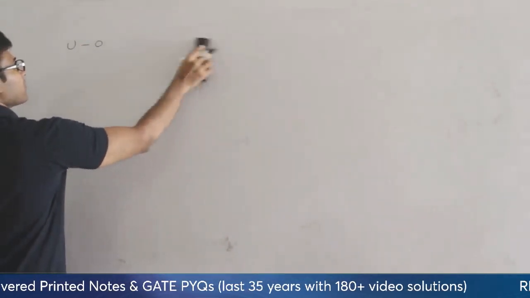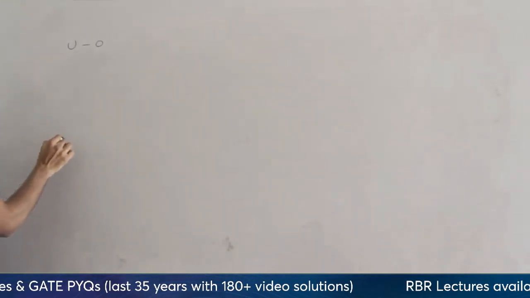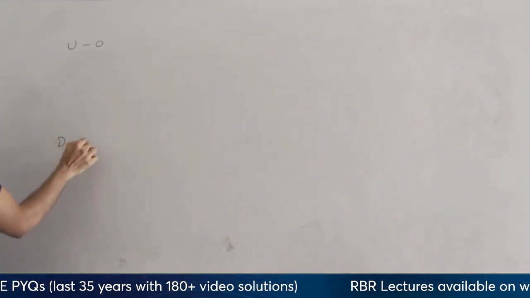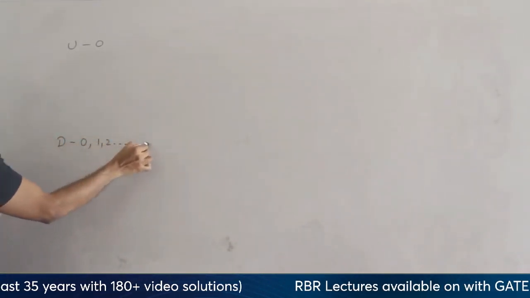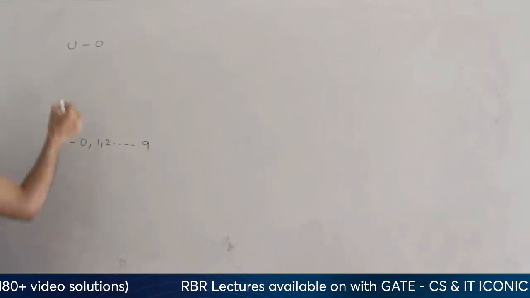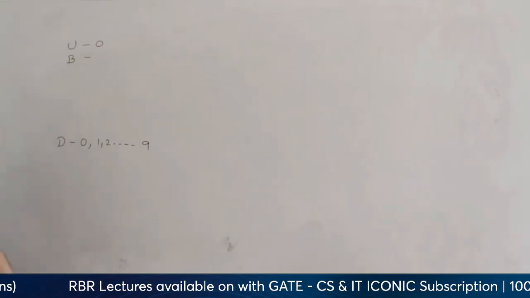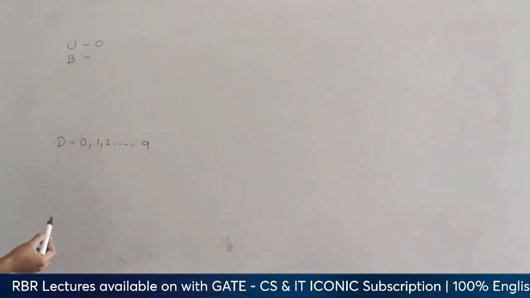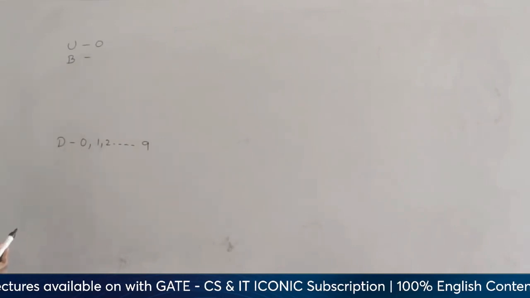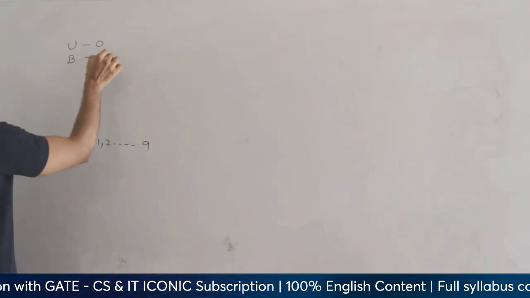And after that unary number system, the most popular number system is decimal number system. In decimal number system, we have 0, 1, 2, 3, so on to 9, which means 10 symbols. And you are very much aware of it. Now the next number system which is popular is binary. Because of the invention of the computers, we have been using binary. In binary number system, the base is 2, and therefore the number of symbols we have is 0 and 1.